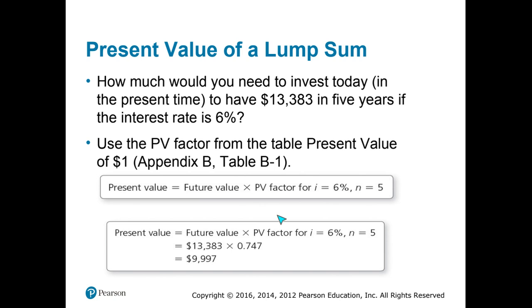This is saying 5 years at 6%. If you look down 5 for periods and then go over to 6%, that takes you to 0.747 in the table in your book. That's the factor you would use to solve this problem.